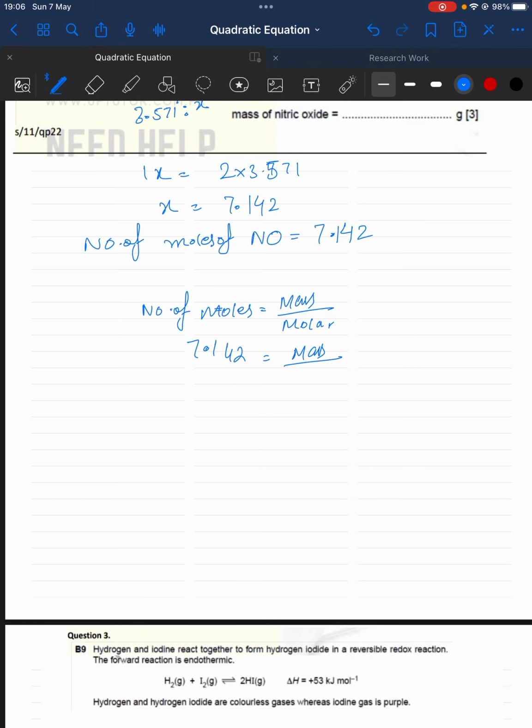The molar mass of nitric oxide will be 14 plus 16, because the mass of nitrogen is 14 and the mass of oxygen is 16, so it becomes 30. Now this will multiply on this side, so mass will be equal to 30 into 7.142.